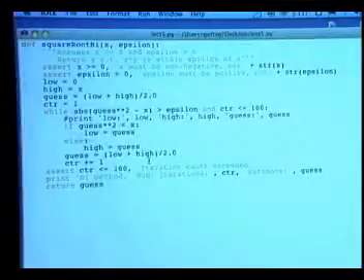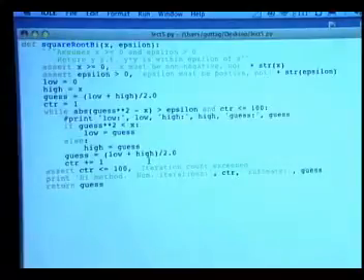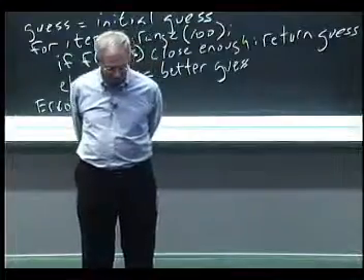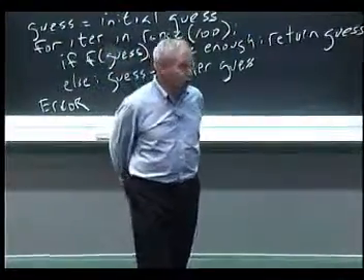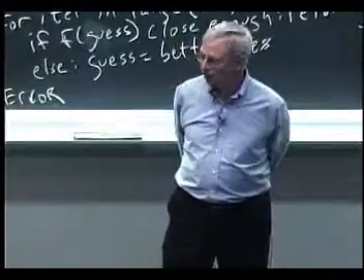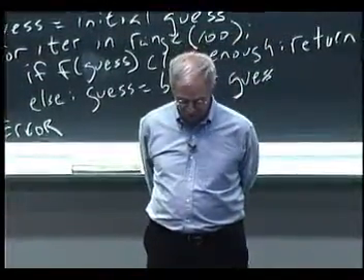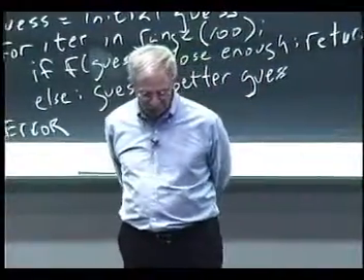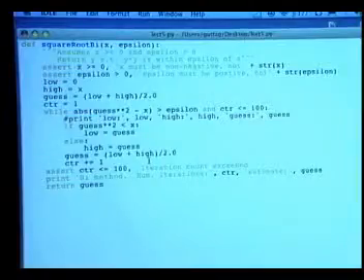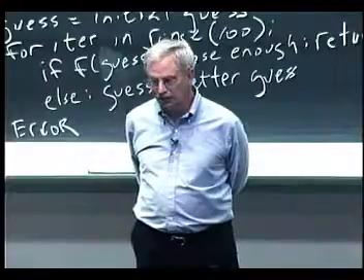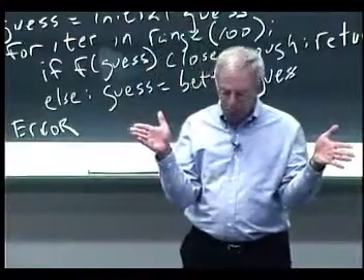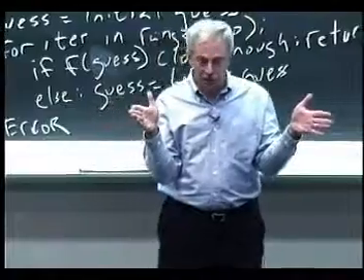The next thing we see in the program is two assert statements. This is because I never trust the people who call my functions to do the right thing. Even though I've said I'm going to assume certain things about x and epsilon, I'm actually going to test it. And so I'm going to assert that x is greater than or equal to 0 and that epsilon is greater than 0. What assert does is it tests the predicate, say x greater than or equal to 0.